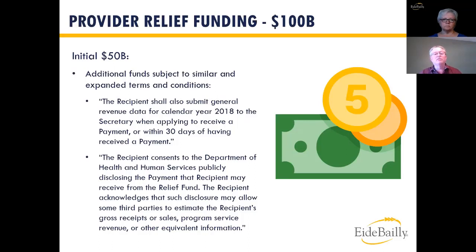So there's going to be a lot more publicity out there. So make sure you're reading everything in those attestations and those terms and conditions, so you know what you're signing up for, what your obligation is. I tell everybody that none of this money is free. There's always some sort of reporting or component on the back end that we are going to have to look at.